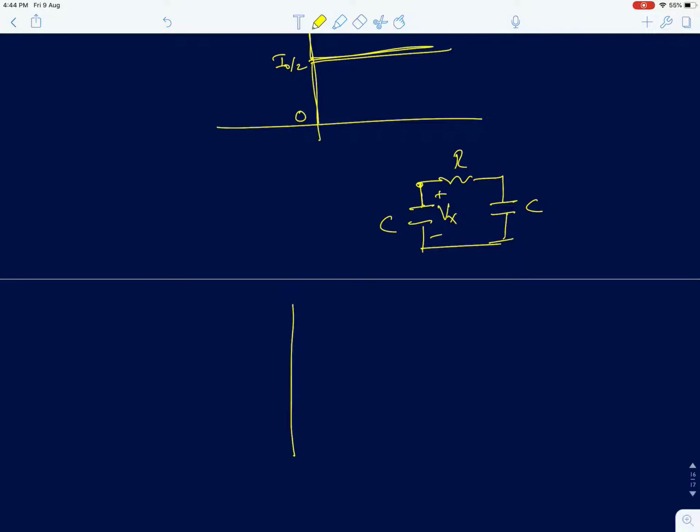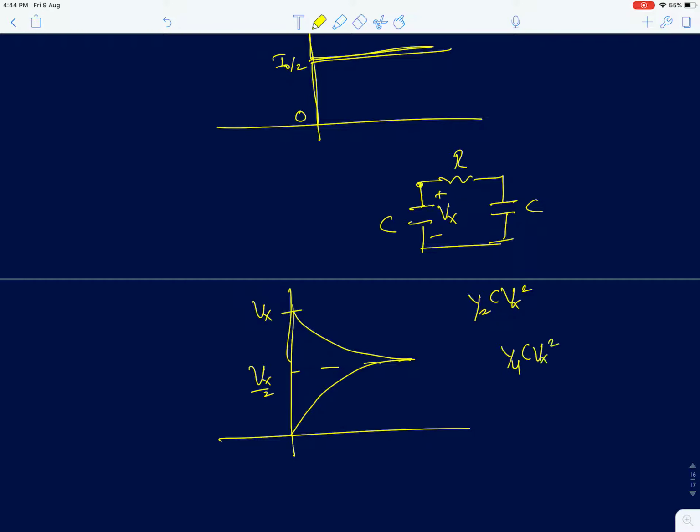We showed that the voltages across both the capacitors will eventually reach Vx by 2. The first capacitor will start from Vx, the second capacitor will start from 0 and reach Vx by 2. And we showed that the initial energy was half CVx square and the final energy is 1 by 4 CVx square, and the remaining 1 by 4 CVx square was actually lost in this resistor.